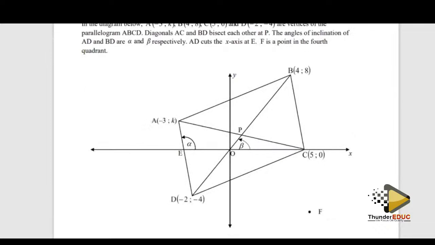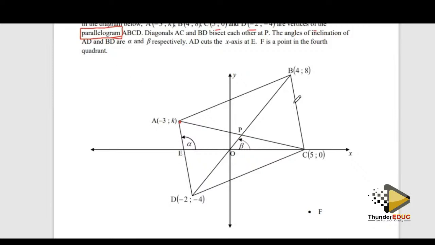All right, question number 3, which is the analytical geometry. So in the diagram below, we have A, which is (-3, K), and then B, which is (4, 8), C is (5, 0), D is (-4, ...), vertices of a parallelogram. So when they talk of a parallelogram, let's remember the properties of a parallelogram.